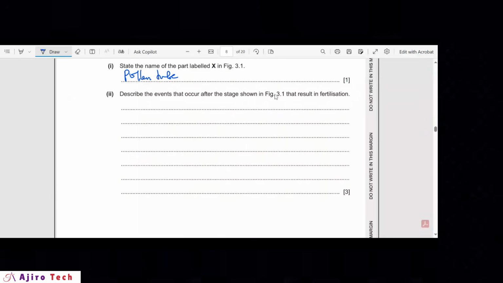So the pollen tube grows and enters the ovule.